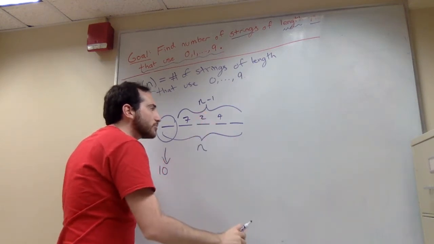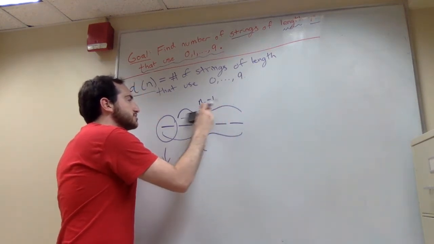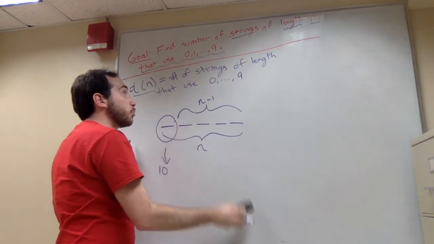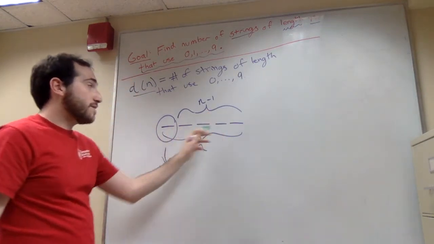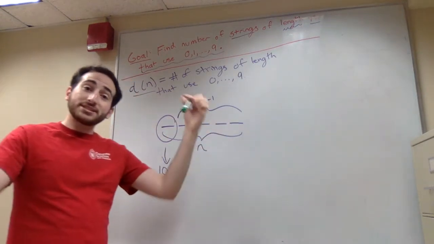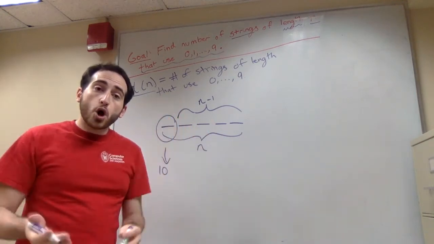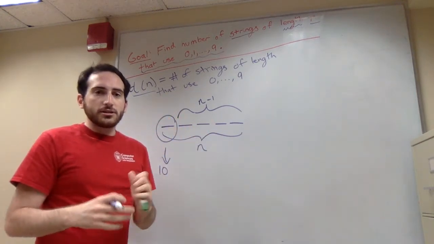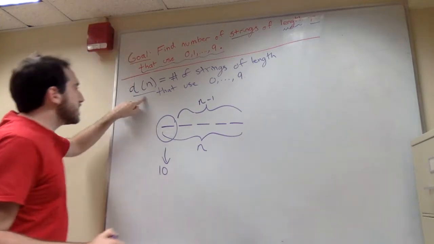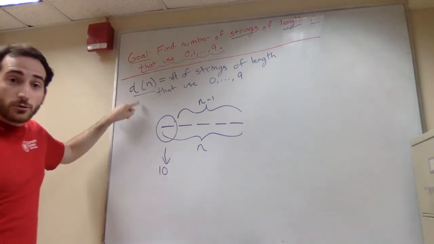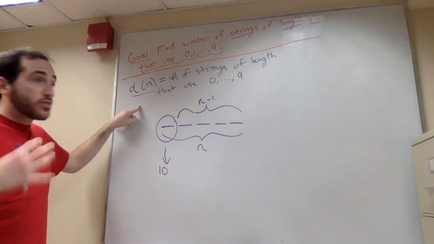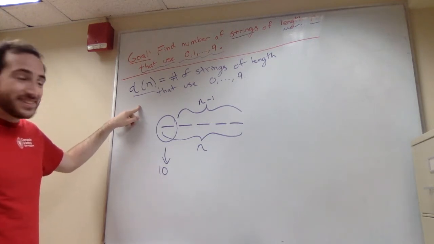So now we need to count the number of strings of length n minus 1 that are valid here. Coincidentally, we already know that number because we're allowed to use this function.